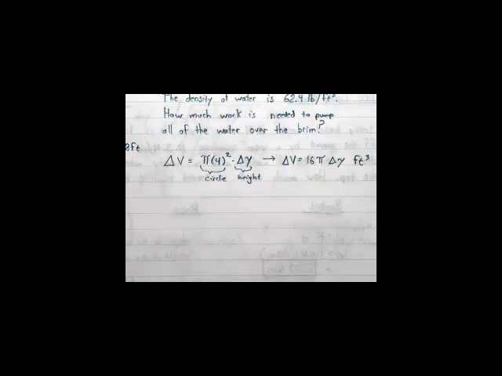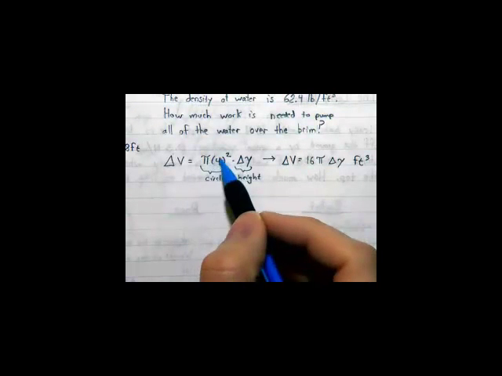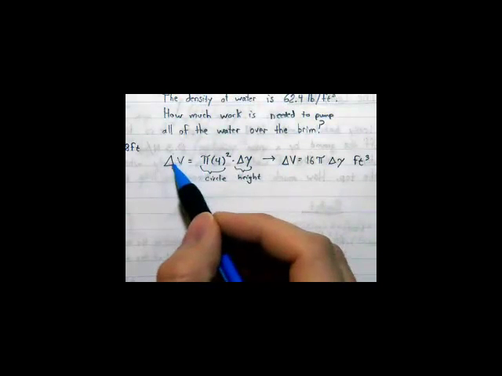As I cross-section this container, what kind of a shape am I creating in each one of these little slabs that I'm trying to pump out of this thing? In this case, I'm dealing with a circle times the height. Or if it was a square, you'd find the area of the square multiplied by delta y, or whatever it is. It all depends on the container, but your first step is always to get this little delta V and get a formula for that with delta y in the mix. Okay, so we've got that.